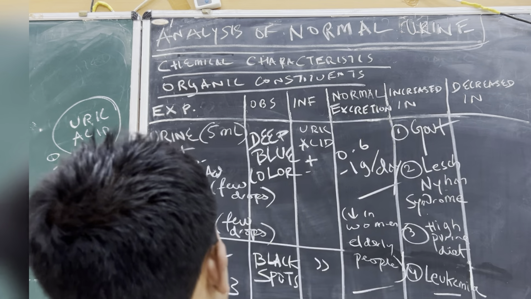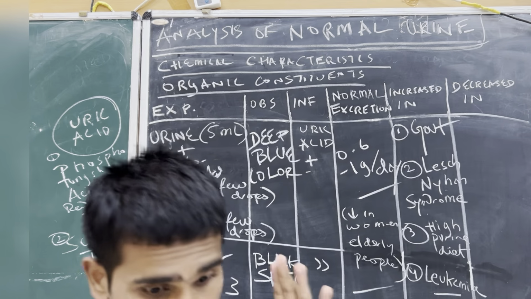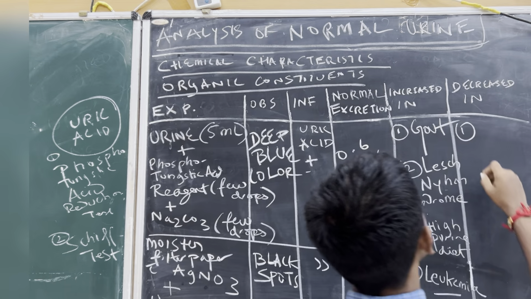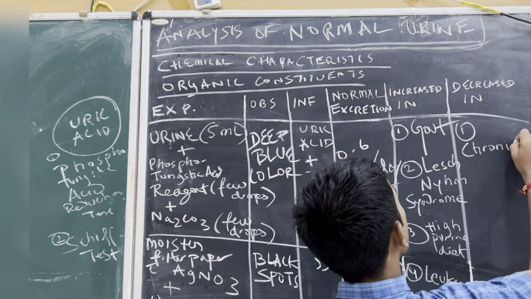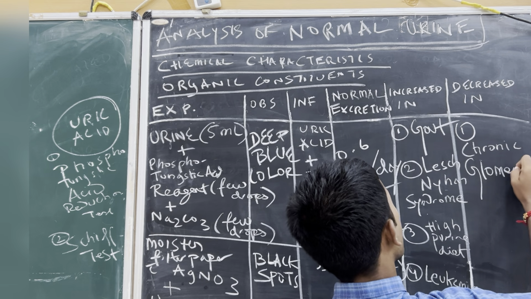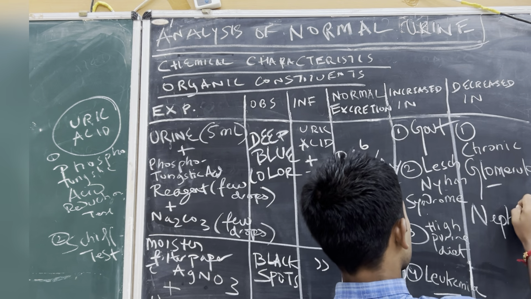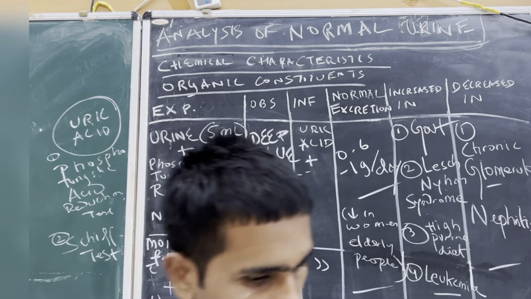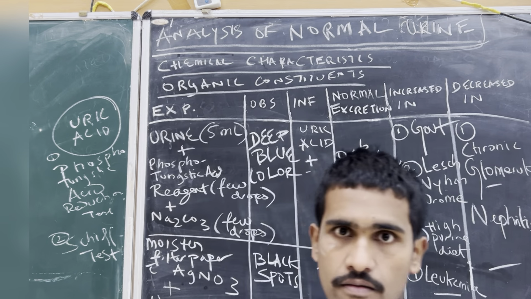So in these 4 conditions, your uric acid excretion in the urine is increased. And if we talk of decrease, chronic glomerulonephritis. So in chronic glomerulonephritis, the uric acid excretion in the urine is decreased.